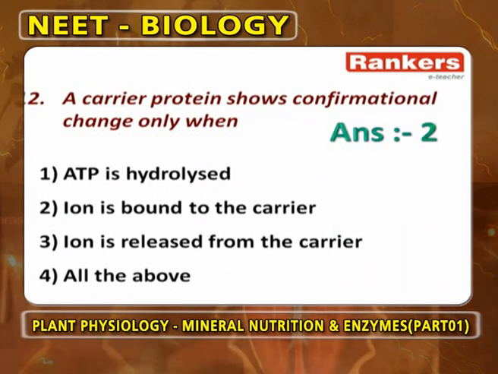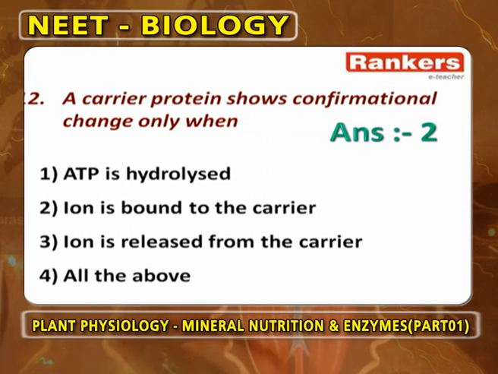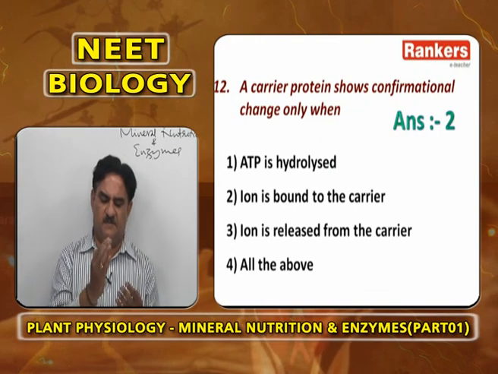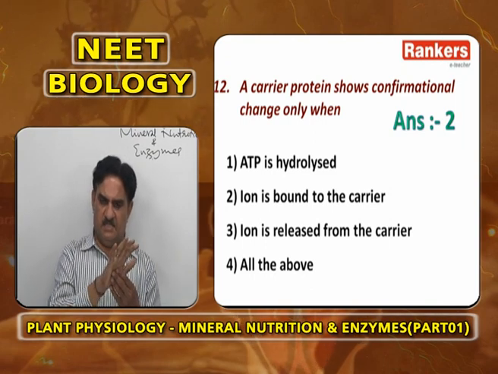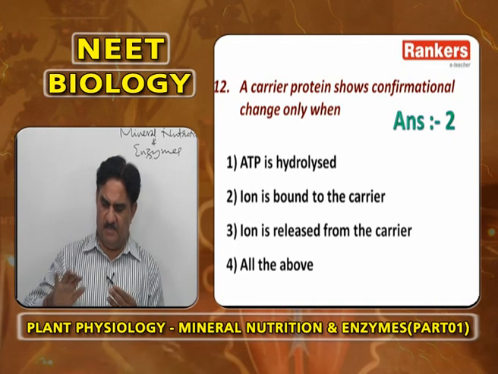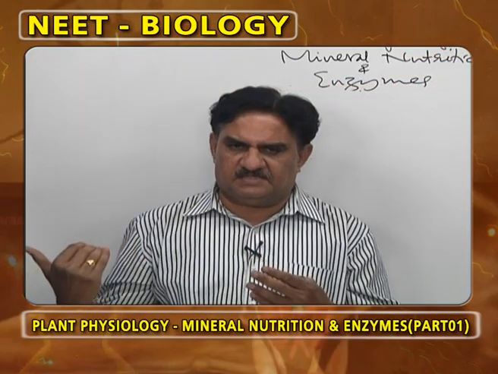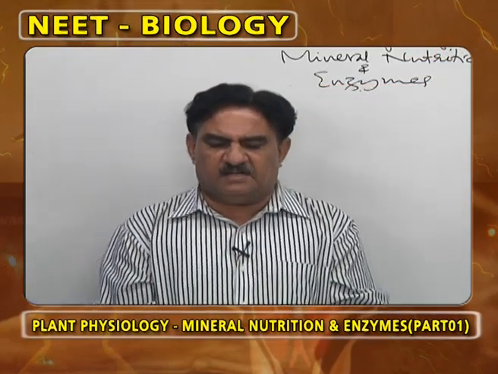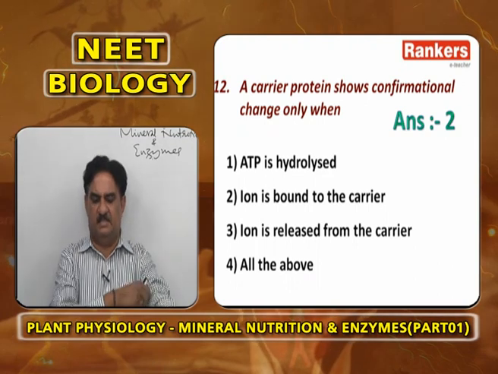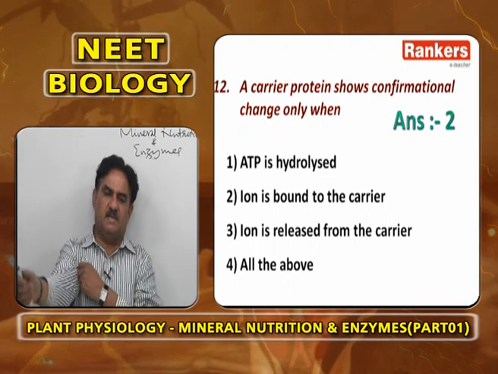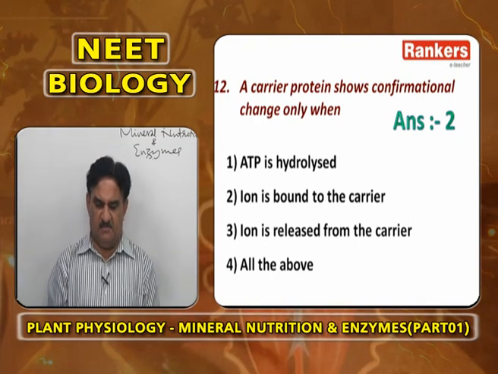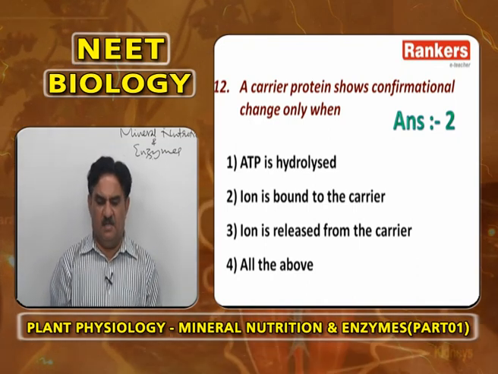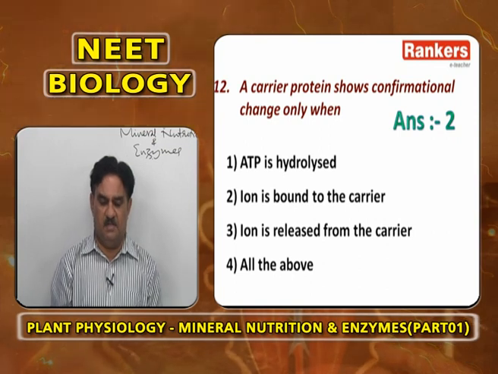A carrier protein shows conformational changes only when. Conformational changes means the phase will be towards the outer space when it takes ions. Once it starts moving through the plasma membrane, the phase will change towards the inner space. When ATP is hydrolyzed is wrong, ion is released from the carrier is wrong, all of the above is wrong; ion is bound to the carrier.